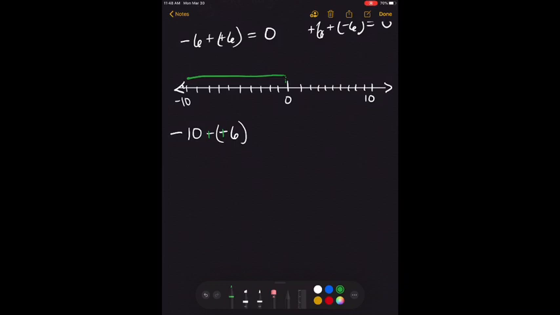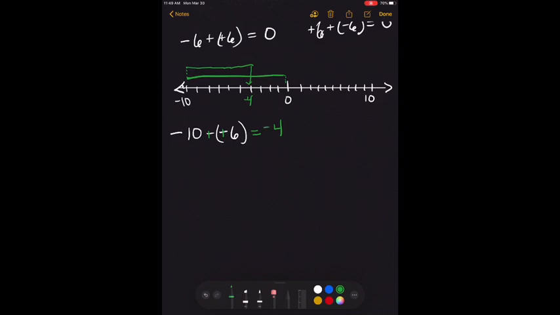Okay, so since we went to -10, now we have to go 6 in the positive direction. So 1, 2, 3, 4, 5, 6. We end up at -4. Okay, and you can see we have a +6 and a -10, so we have to subtract. 10 minus 6 is 4.